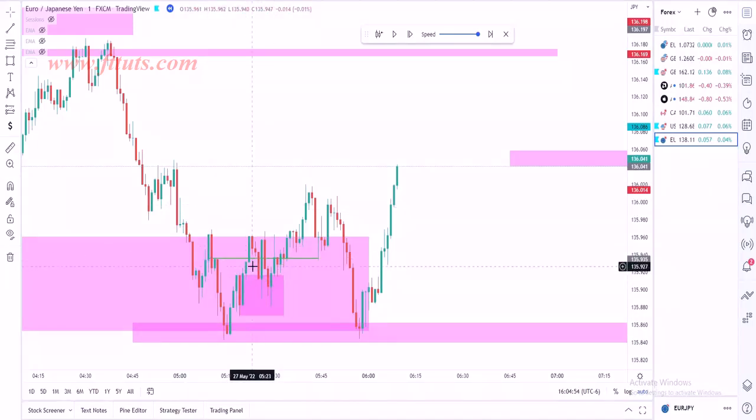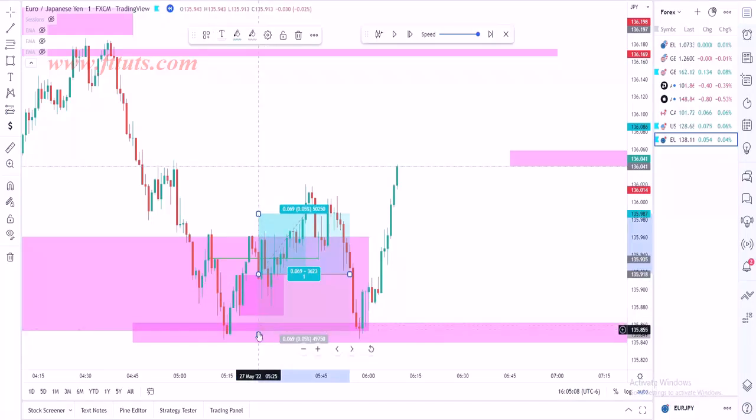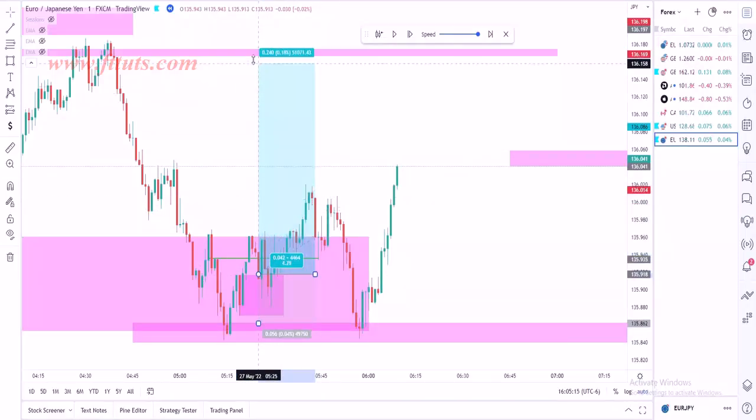If it breaks more, great. That's the more conservative way to trade. A little bit more aggressive is, hey, I'm just waiting for it to break something. You can choose what you're comfortable with. Okay, so that would put us in looking something like this.